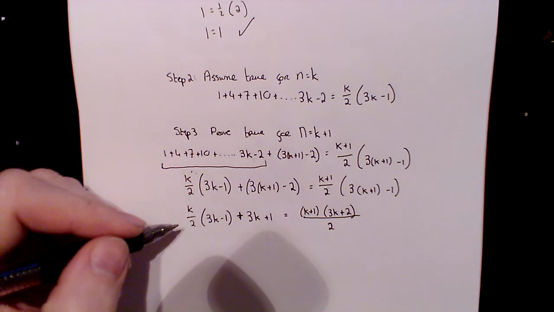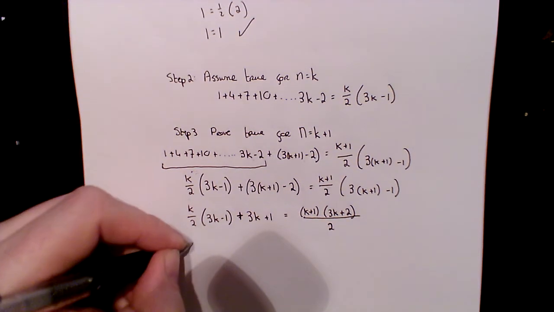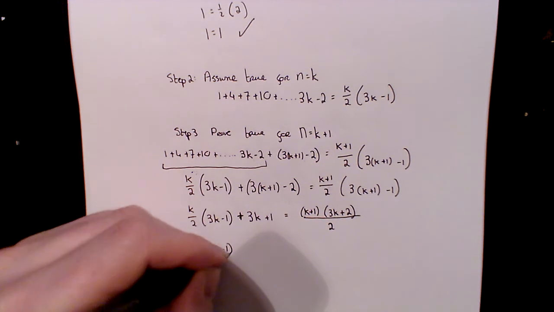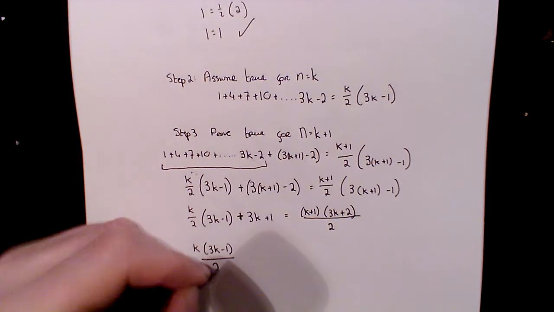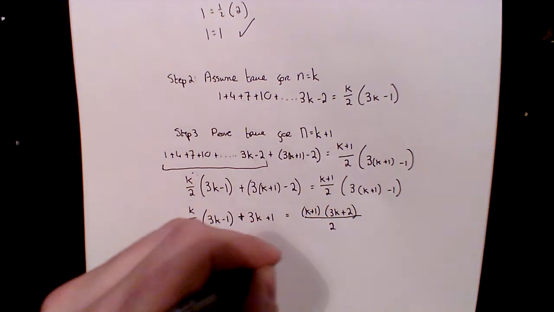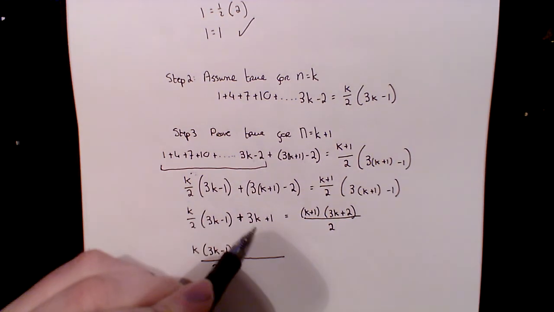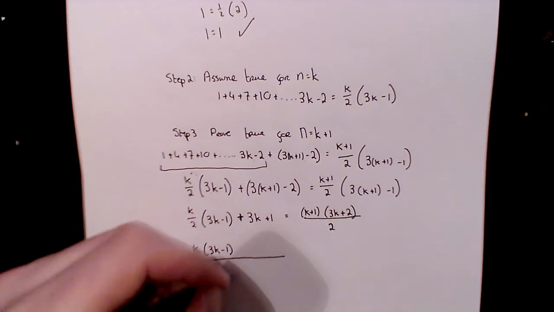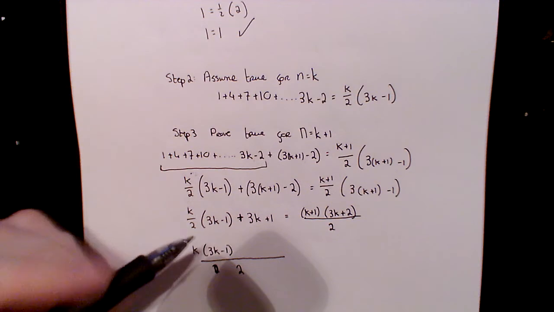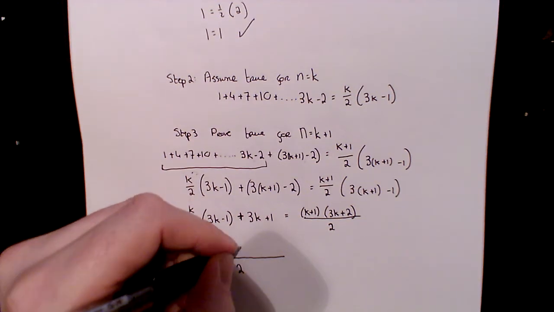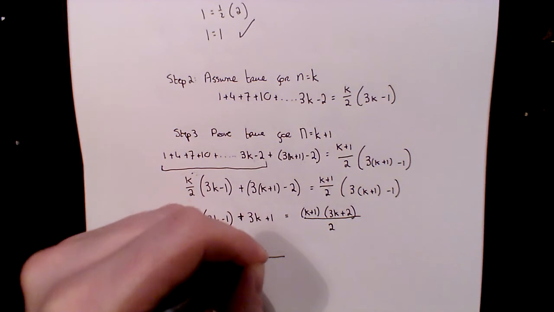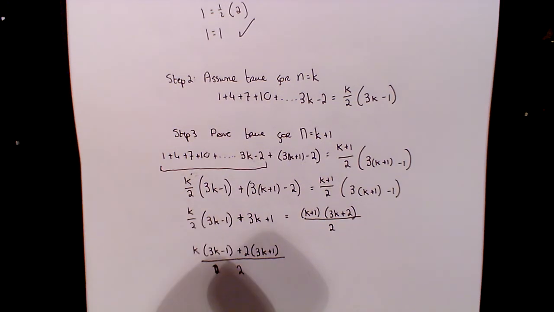Okay, so I suppose I can put this over 2 then, so I go k(3k minus 1) all over 2, but I'd like to have this all over 2 as well, so I'll do that. If I divide this by 2, I'll have the 2 under it all, but I can't just divide this by 2, I'm going to have to multiply it by 2 as well, so here we go, I'll multiply by twice 3k plus 1.